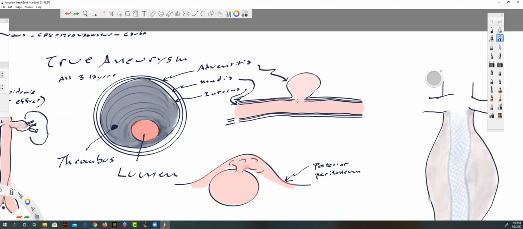So there's basically a tear, a hole, into two of these layers, and the third layer is intact. This is one form of pseudoaneurysm, and I really wish that every book I've seen so far wasn't a little wishy-washy on this.